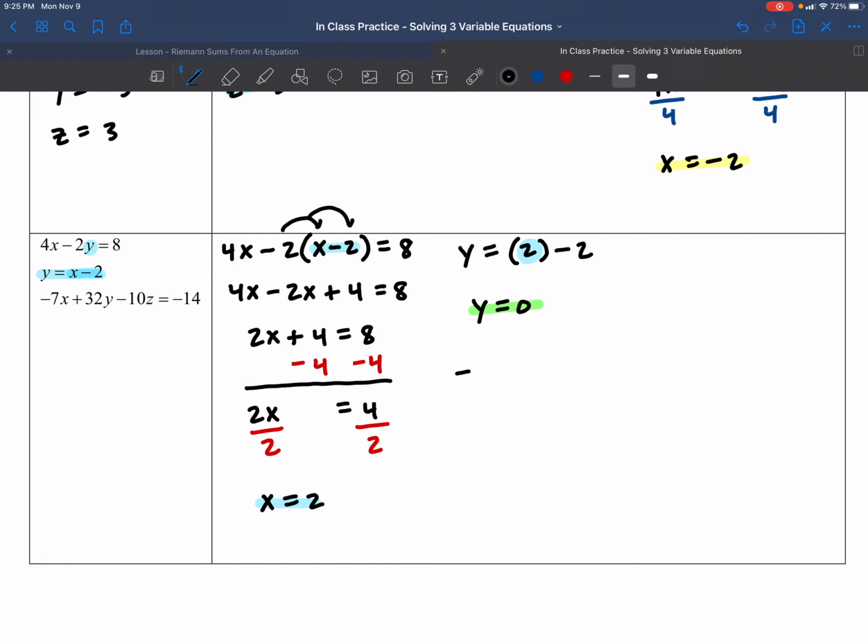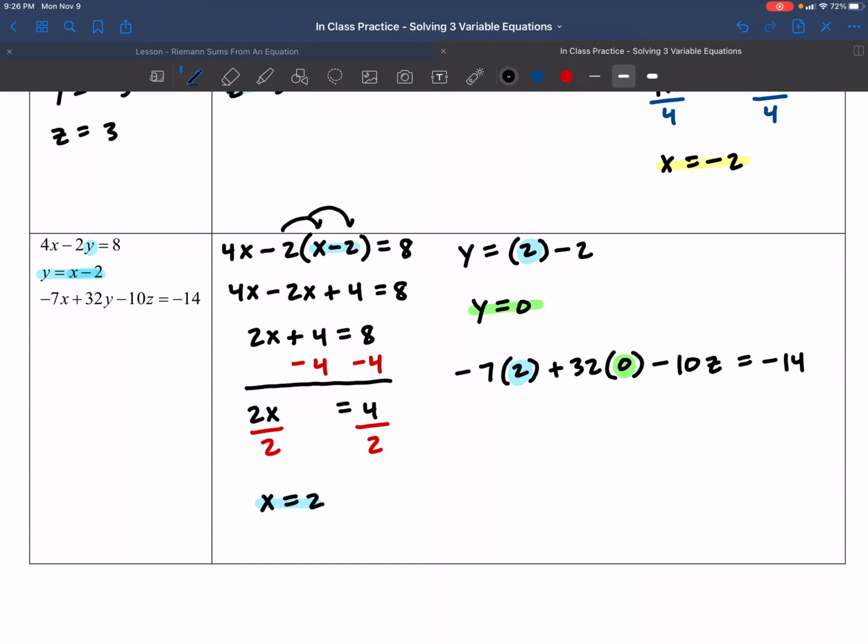So negative 7x, oops, sorry, let me replace x with our new solution. So negative 7 times 2 plus 32 times 0 minus 10 times z is equal to negative 14. To recap, the 0 is our value for y, and the 2 was our value for x. Now we're going to combine like terms.